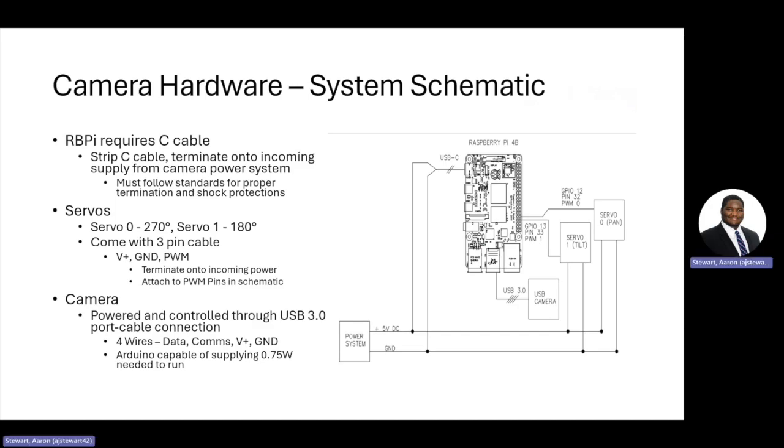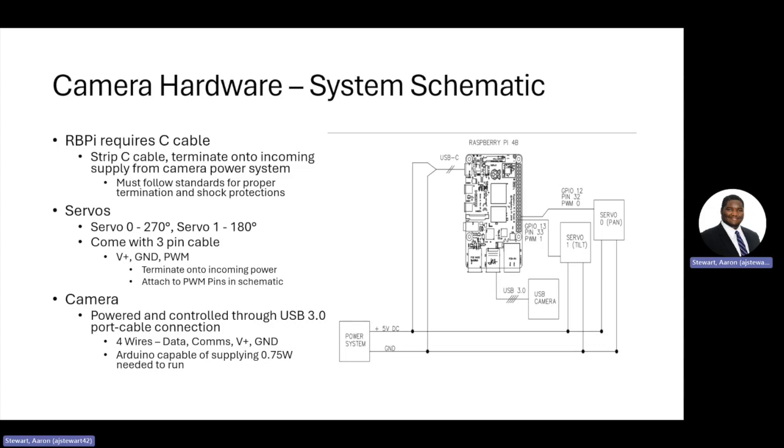But to move on, we have a system schematic here that I've designed. You can see we have the Raspberry Pi itself right here in the center, and to the bottom of it, you have rails coming in from the power system, 5 volts and ground respectively.